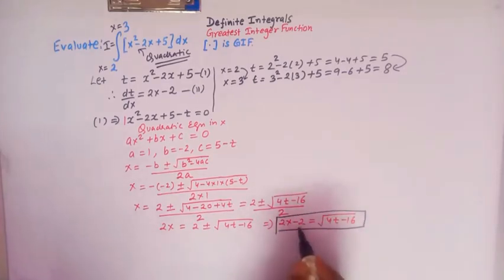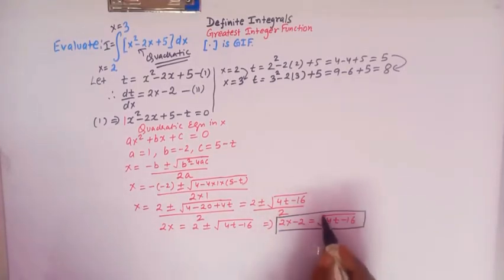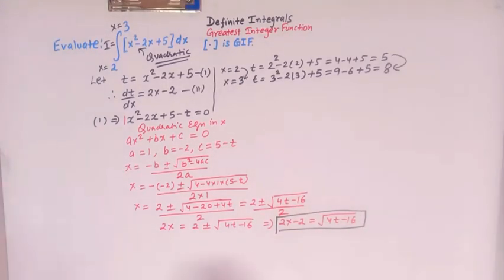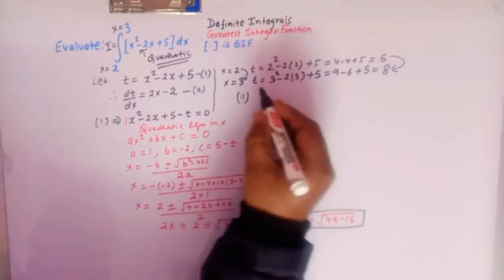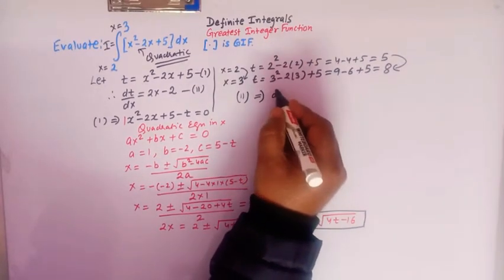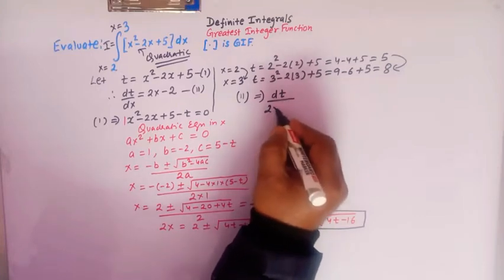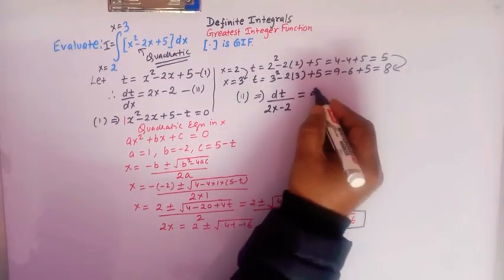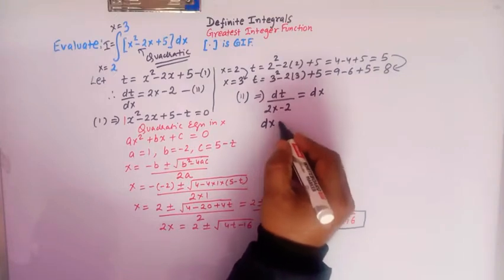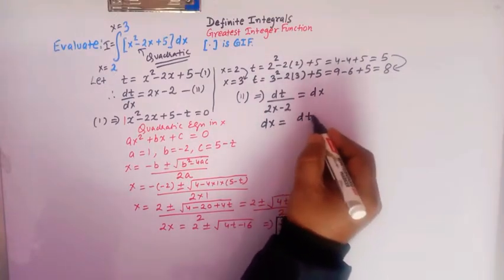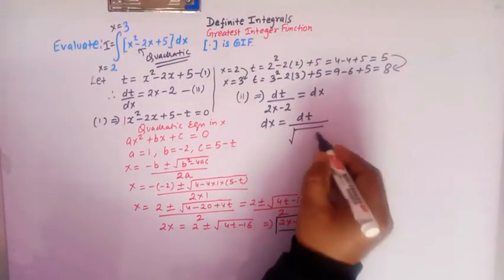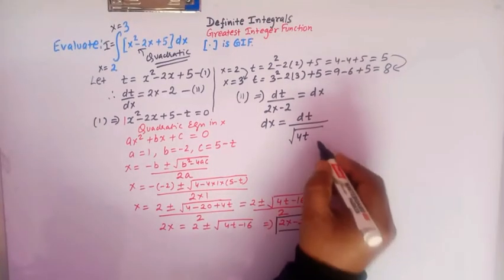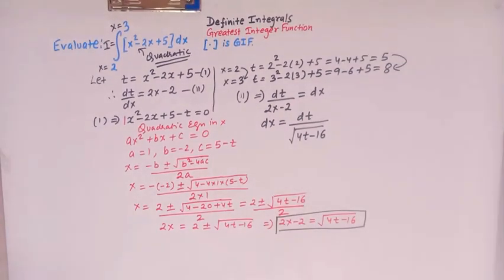Now expression number 2 gives us dt over 2x minus 2 is equal to dx. So dx is equal to dt over this expression for 2x minus 2, that is, dt over square root of 4t minus 16.